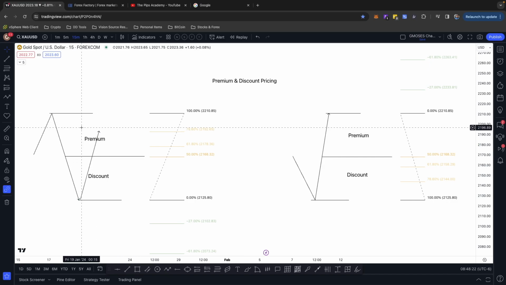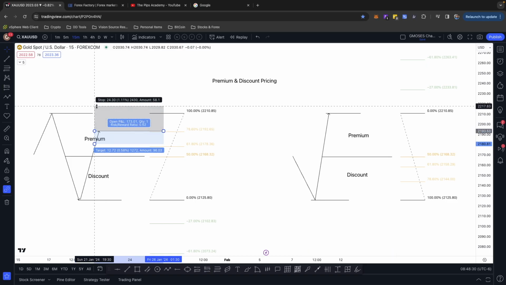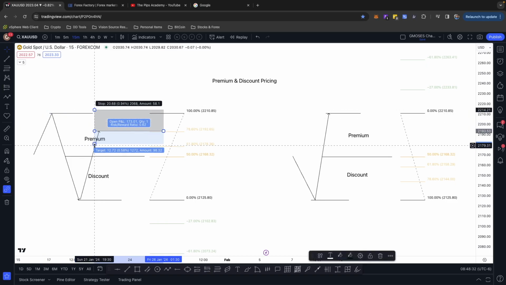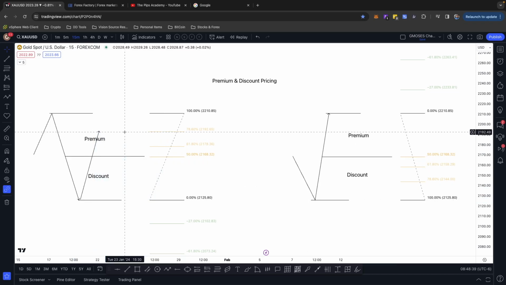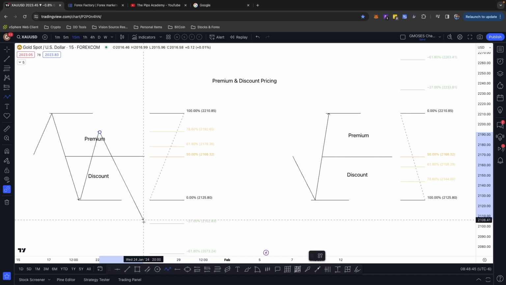Whenever we're looking for sales in a downward trend, if we were to take a trade somewhere up in this area, our stop loss is above this protected high. This gives us a better risk to reward. So this is considered premium pricing when we're looking for sales. We take a sale up here and we want to ride price down to this area, or down to the -27 extension.